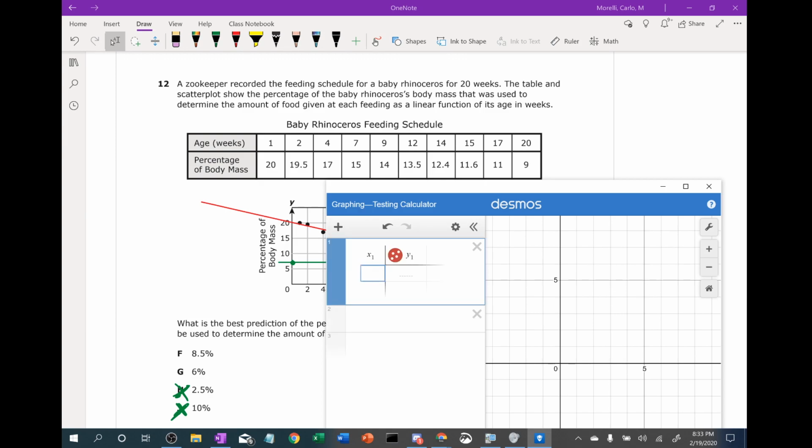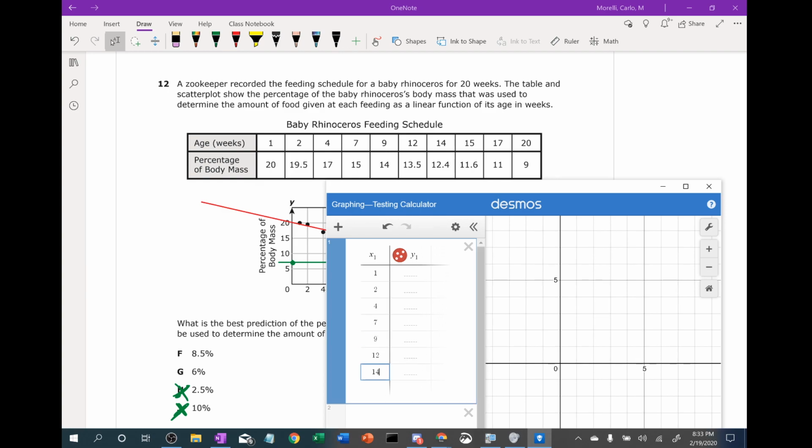And we're going to have to put all of the data in, every single piece of data. 1, 2, 4, 7, 9, 12, 14, 15, 17, 20. Okay, then over here in the Y values, we're going to match those up.